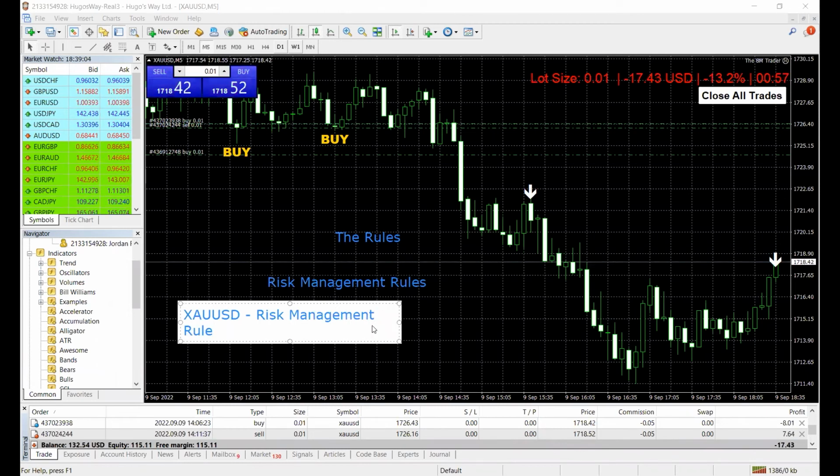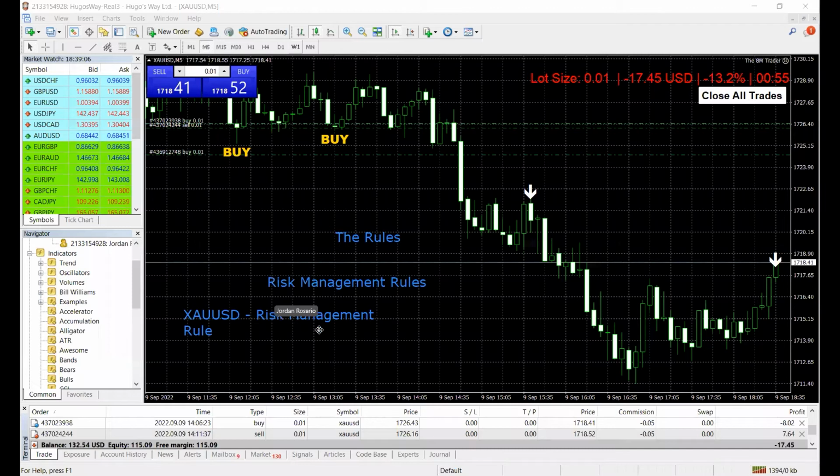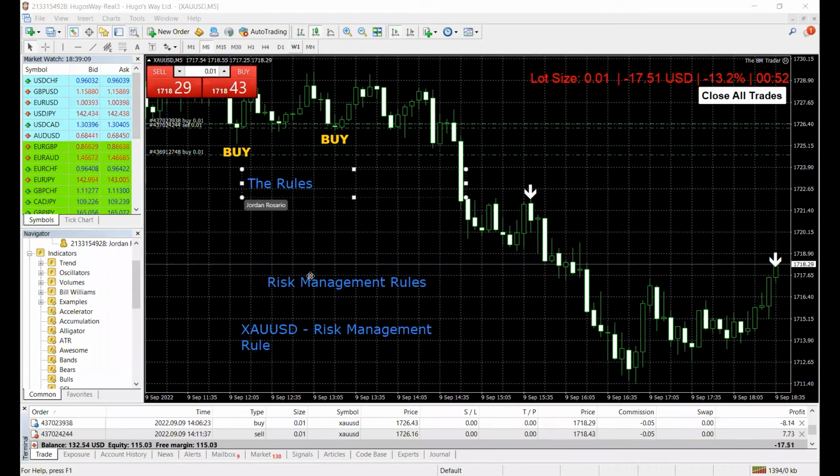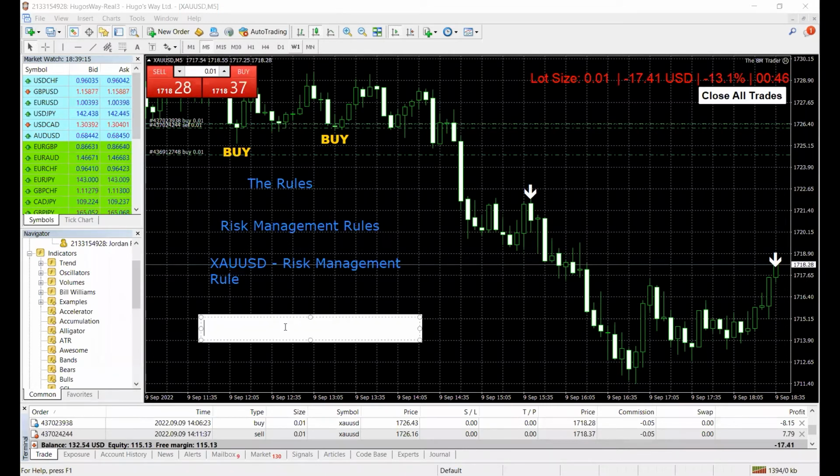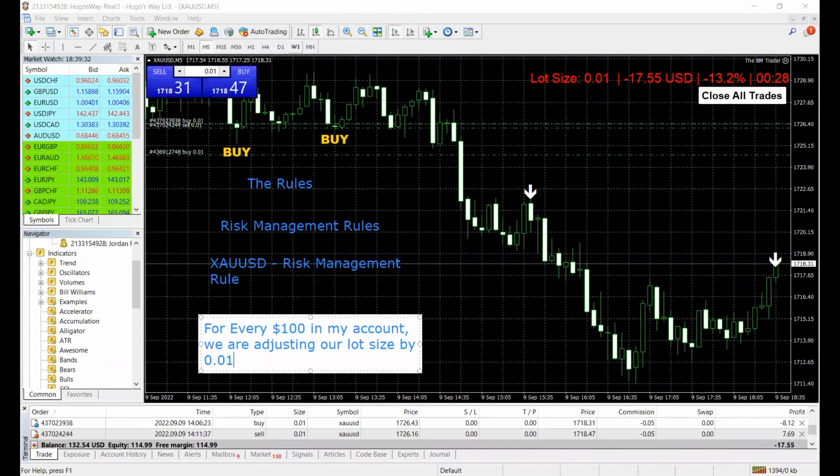For those that remember, I talked about this on one of my previous days, I believe day 1 or day 2. The rule for gold, which I affectionately called the golden rule, was that for every $100 in my account, we are adjusting our lot size by 0.01.